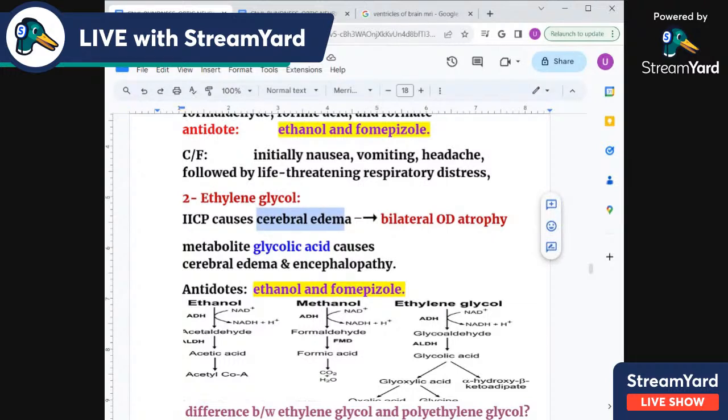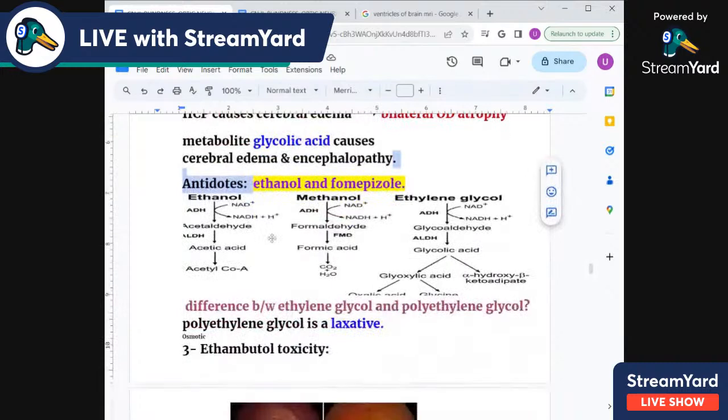Its toxic metabolite is glycolic acid, and the treatment is the same as that of methanol, that is ethanol and fomepizole. So this is the comparison between the three substances and their end products. Ethanol produces acetyl CoA, methanol produces toxic formic acid and formaldehyde, and ethylene glycol produces glycolic acid, which is converted into glyoxylic acid.